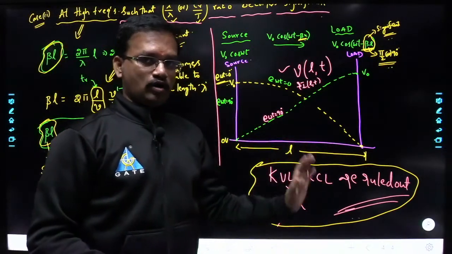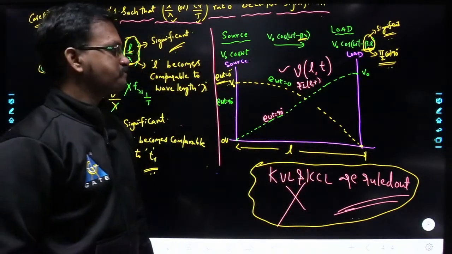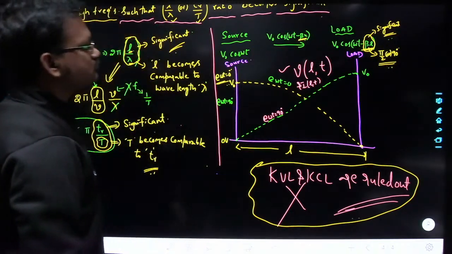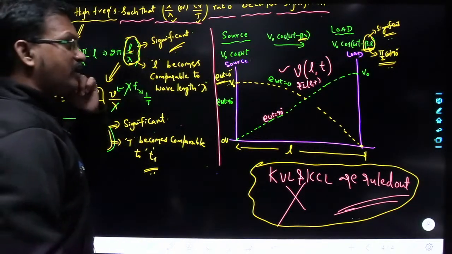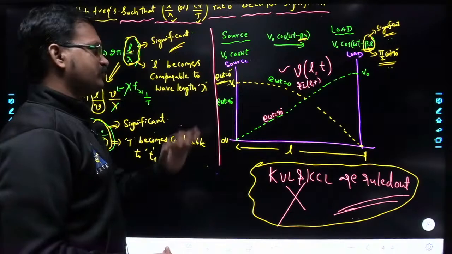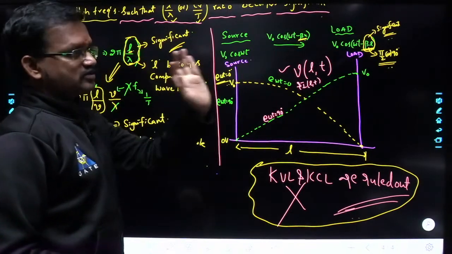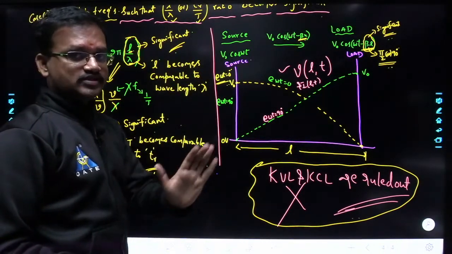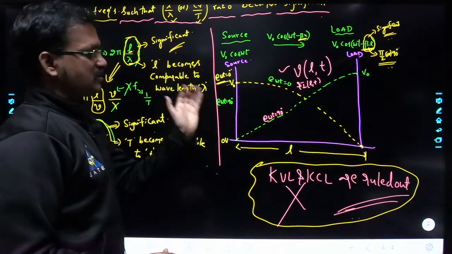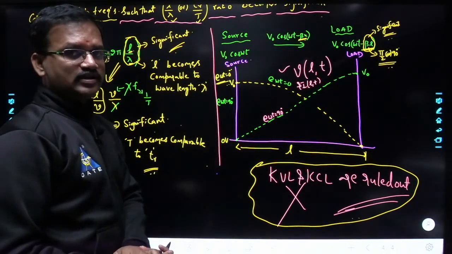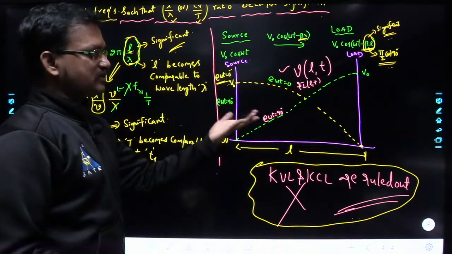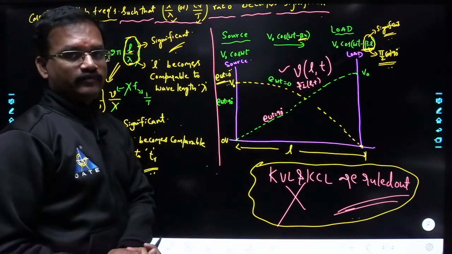They are ruled out. At any instant of time, the voltage at source is not the same as the voltage at load, and hence KVL is not valid, and we can prove in the same manner KCL is also not valid.